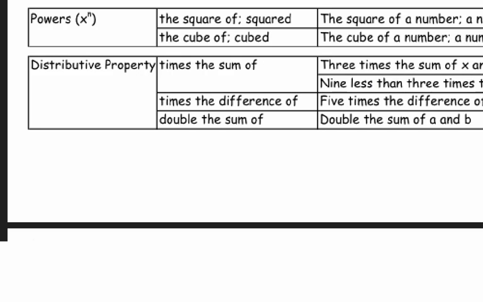Okay, another thing that you're going to be hearing or seeing are powers, exponents. And I have x to the n, but n could be any number. If it was 2, it would be squared. If it was 3, it would be cubed. 4 and above just get called x to the 4th, x to the 5th, x to the 6th. They don't get special names.